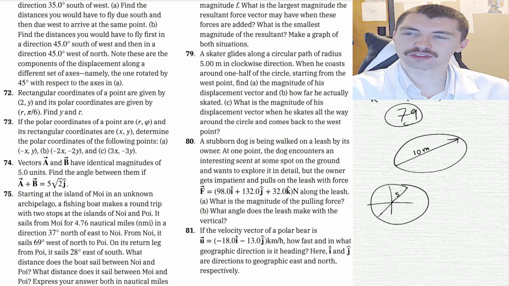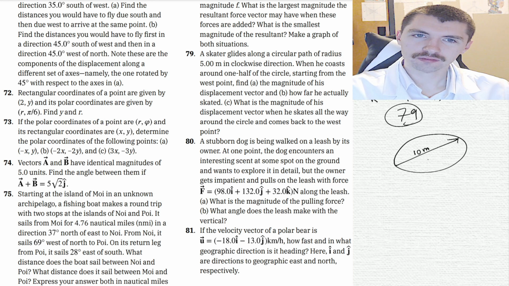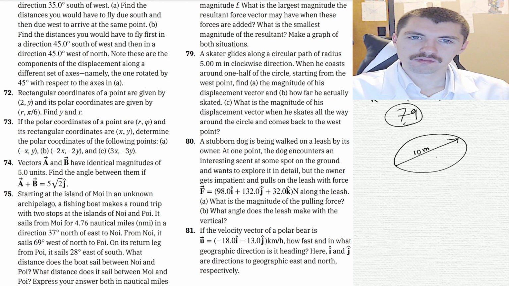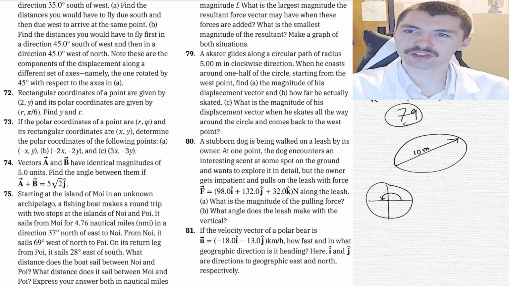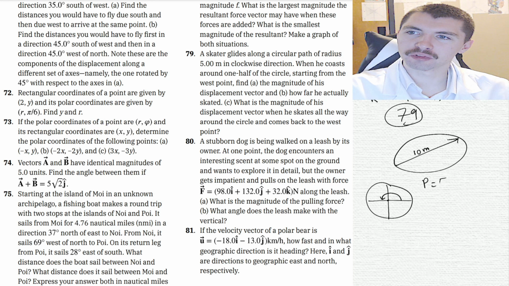So the whole path has a diameter of 10. So maybe it's saying when he starts here, when he goes around 1/2, so when he goes 180 degrees, so 5, 180. So polar coordinates is going to be 5, 180.